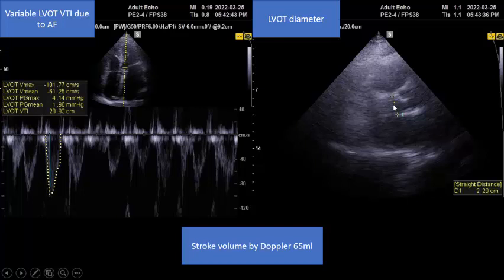We measured the left ventricular outflow tract diameter, and because the patient is fibrillating, you will expect variability in the LVOT VTI. It will not be the same. So we took 5 waves, 5 LVOT VTIs, the average of the 5, and we calculated the stroke volume. It was 65. It was also normal. So our patient has normal stroke volume and normal ejection fraction. Left ventricle is doing well.